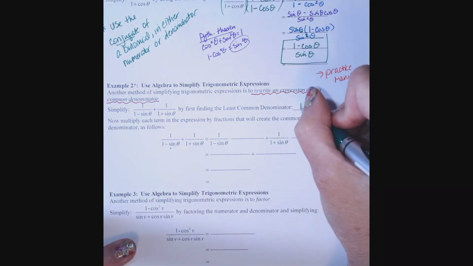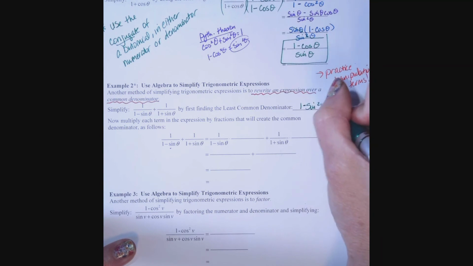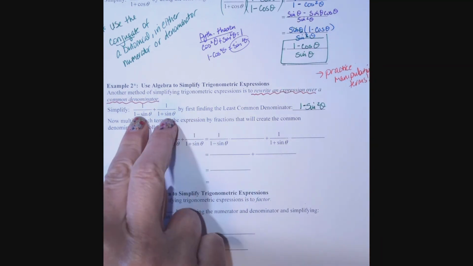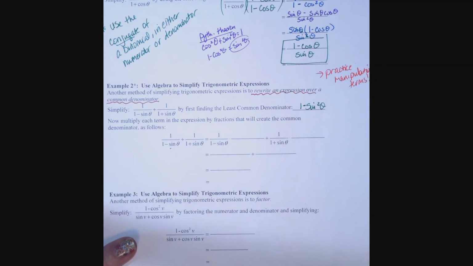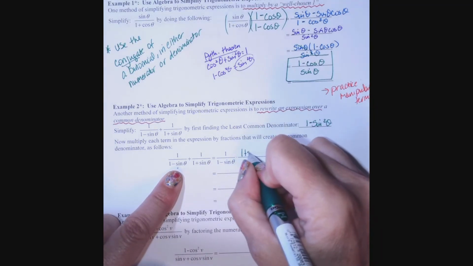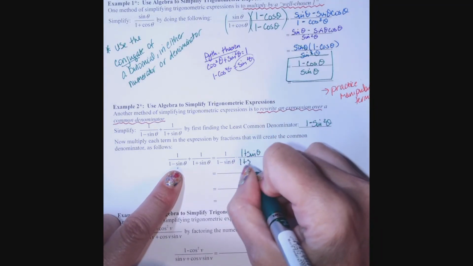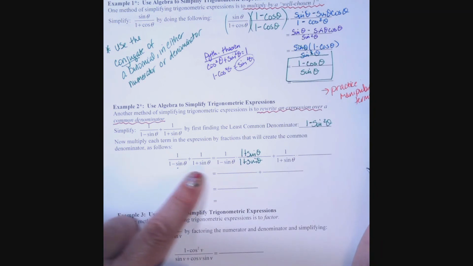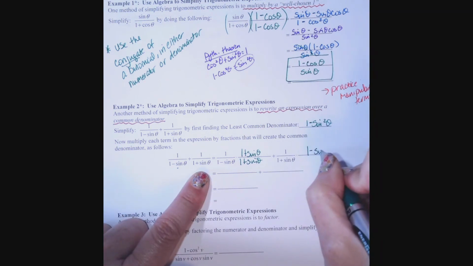It's going to be that difference of squares, 1 minus sine square theta, if I multiply these two conjugates together. To get that, I'm going to be using that well-chosen one idea, just like we did up here, to create a common denominator. For the first term, I need to multiply in 1 plus sine theta over itself. For the second term, I need to multiply in 1 minus sine theta over itself.